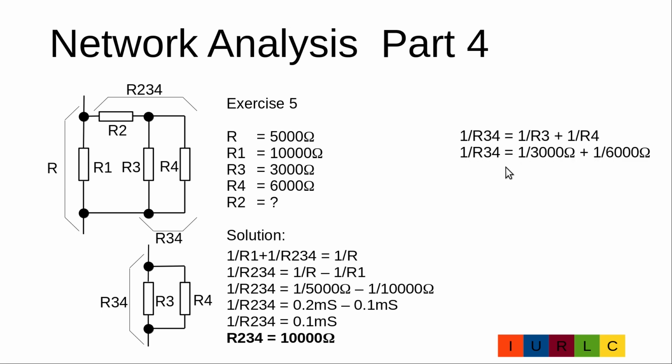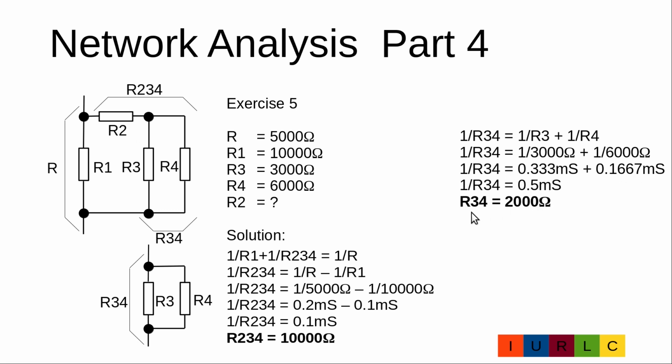With concrete numbers, 1 divided by R34 is 1 divided by 3000 ohm plus 1 divided by 6000 ohm. 1 divided by R34 is 0.333 millisiemens plus 0.1667 millisiemens. 1 divided by R34 is 0.5 millisiemens. With the reciprocal, R34 is 2000 ohm.